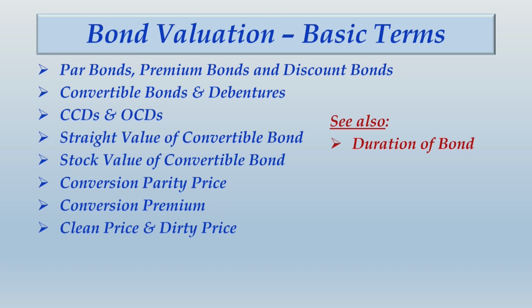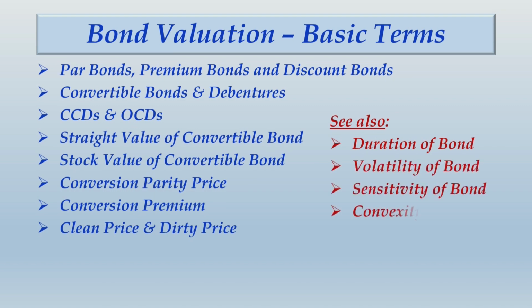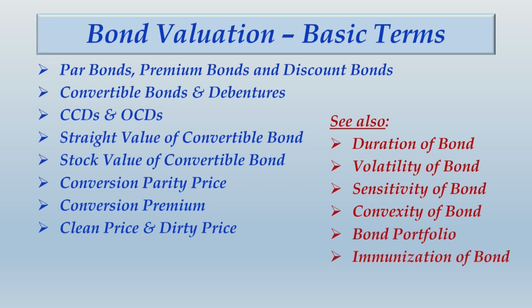Also see duration of bond, volatility of bond, sensitivity of bond, convexity of bond, bond portfolio, immunization of bond, and concept of replacement of bonds. So friends, we have a lot to do within this topic, and most of these terms you are finding on screen will be covered in sessions ahead. We will definitely discuss a few out of this.